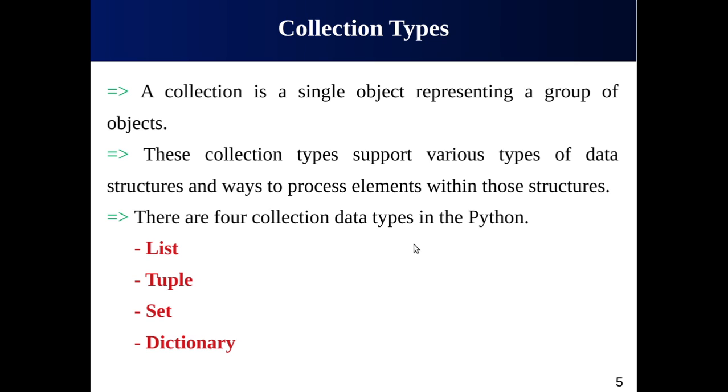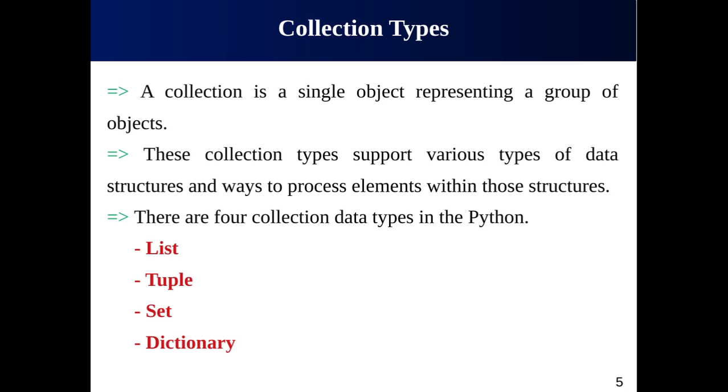In Python, a collection is a single object representing a group of other objects. Collections may be referred to as containers. We can also call them containers because they will contain other objects, other types. And these collection classes are often used as the basis for more complex or application specific data structures.